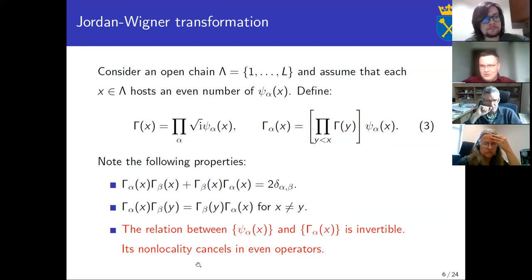If I take any product of two fermions at some x and y, then most of this non-local product will cancel because it will appear in both operators, and the result of such a multiplication will involve only operators on the interval between x and y. So the non-locality cancels.